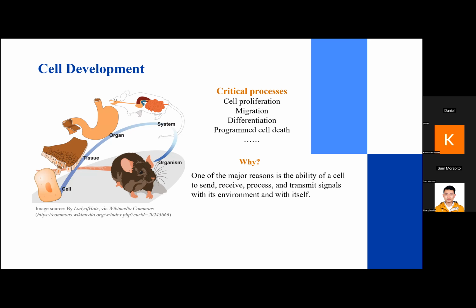One of the major reasons that cells can carry out these critical processes is the ability of a cell to receive, process, and transmit signals with its environment and with itself.